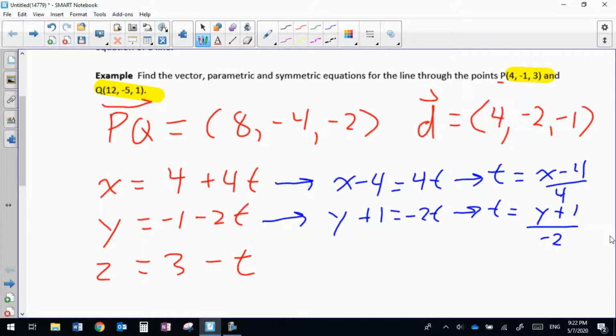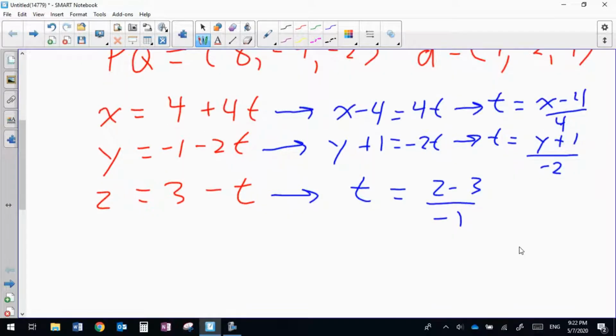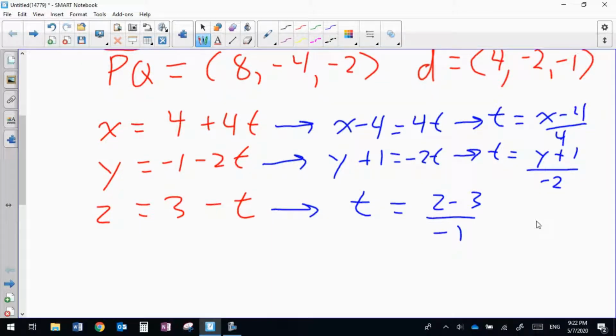I'm actually going to leave the negative 2 in the denominator there, and we'll talk about that in just a minute. And by now, hopefully you realize it's pretty easy to solve for t. You subtract 3 and divide by negative 1 in this case. Again, I'm going to leave that denominator as negative 1. So I've solved for t, and I've got t equaling 3 different things.